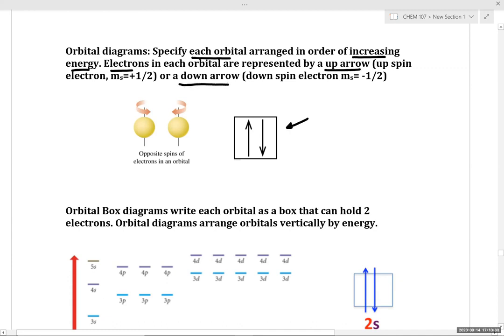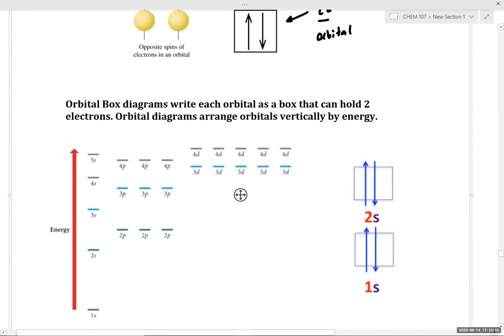And as we recall from last class session, we can fit a total of 2 electrons per orbital. Orbital box diagrams follow a very similar scheme where we write each orbital as a box that can hold 2 electrons. And these orbital diagrams arrange orbitals vertically in order of increasing energy.